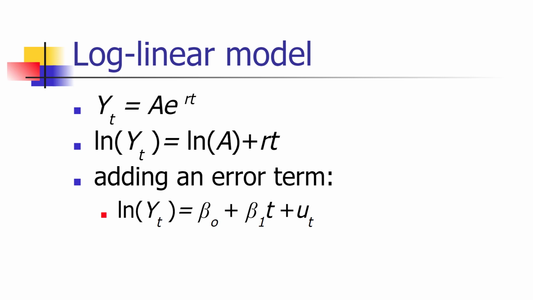And when you estimate that relationship between the log of your variable and this time trend, the estimated coefficient multiplying time is just an estimate of the growth rate for something that's growing at a constant rate. So beta 1 serves as an estimate of that parameter r.